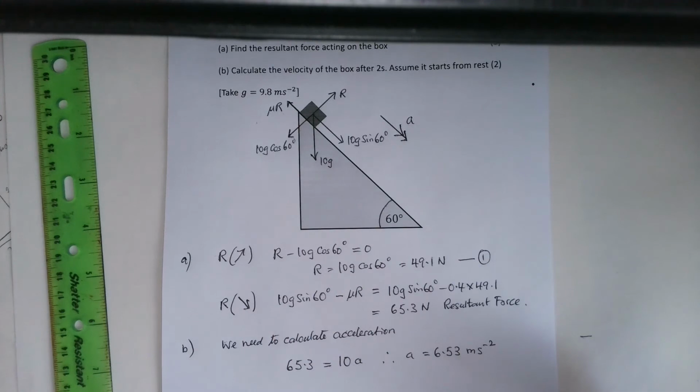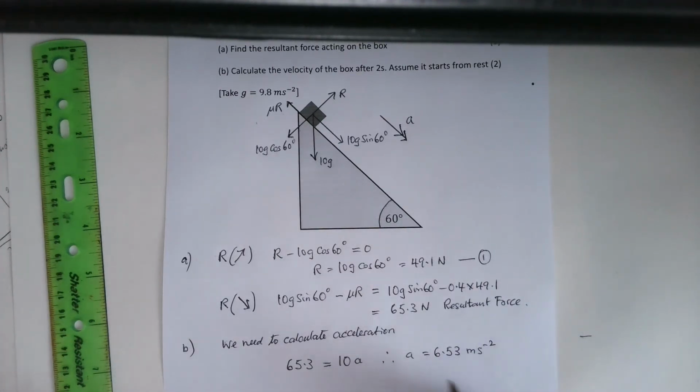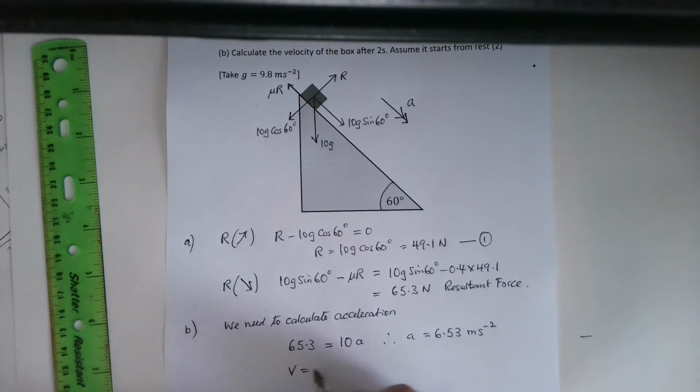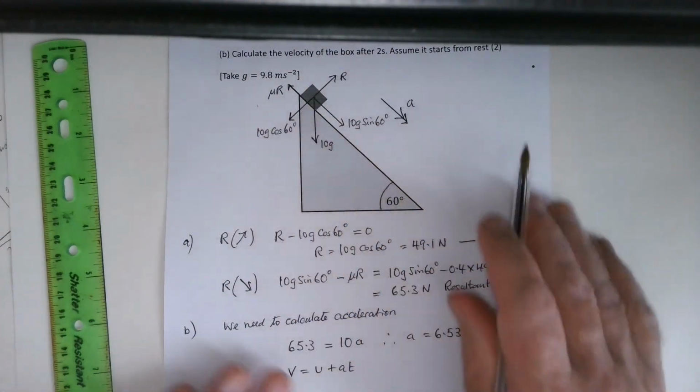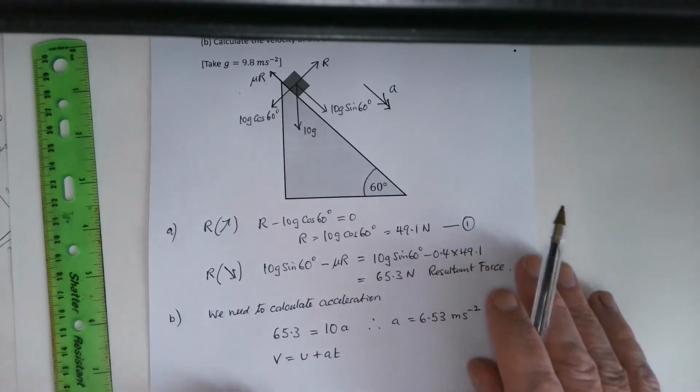Remember, the SUVAT equations we've got are v squared equals u squared plus 2as, and v equals u plus at, and I think you'll realise that it's going to be v equals u plus at. We know that u is the initial velocity, and we're told that it starts from rest, so u equals 0.